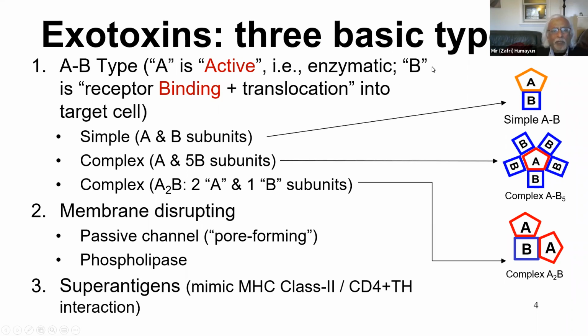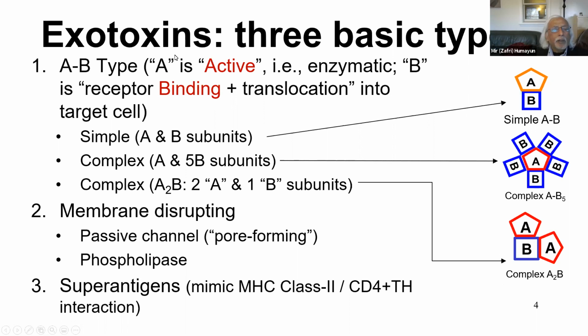The B subunit is the receptor binding subunit. It usually is combined with another domain called the translocase domain that has a specific function that we'll discuss shortly. So A is the activity or enzymatic activity. B is for binding to the cell, the receptor binding.